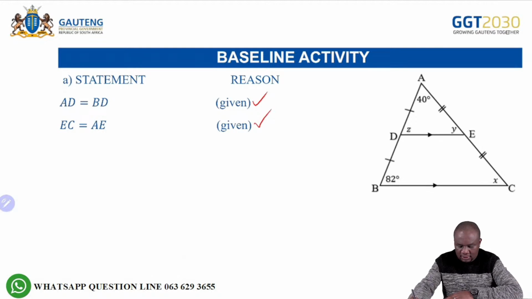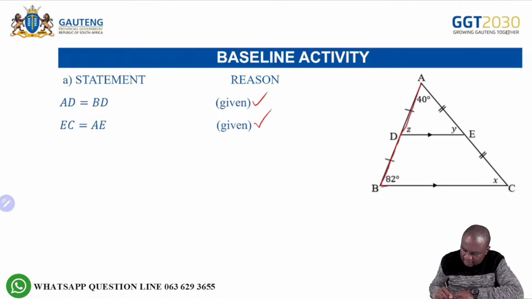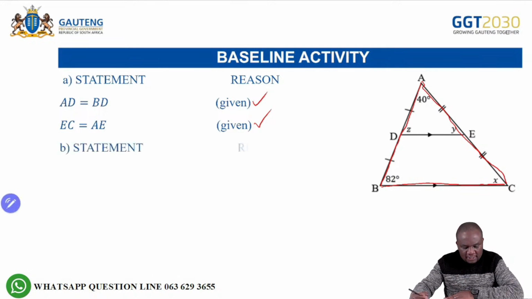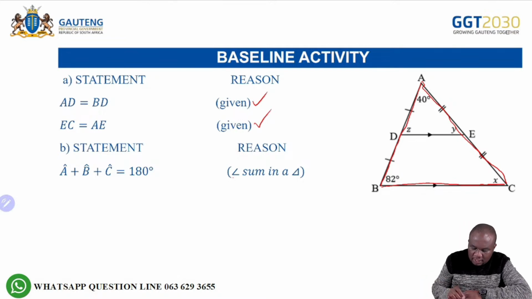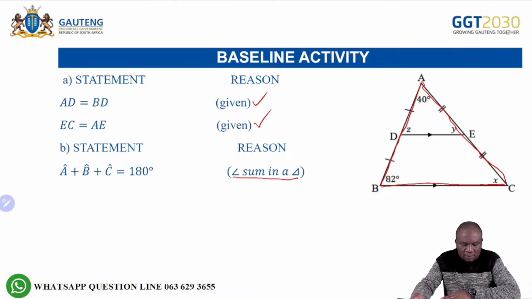See that? Okay. And then now let's find our angles. Let's start by finding angle X. If you check, this is triangle ABC, and angles of a triangle add up to 180 degrees. So angle A plus angle B plus angle C must give 180 degrees. The reason is angle sum in a triangle, or you can say interior angles of a triangle is still fine.